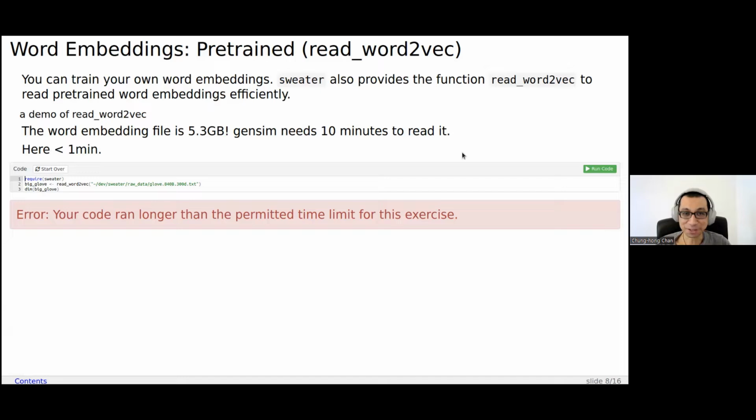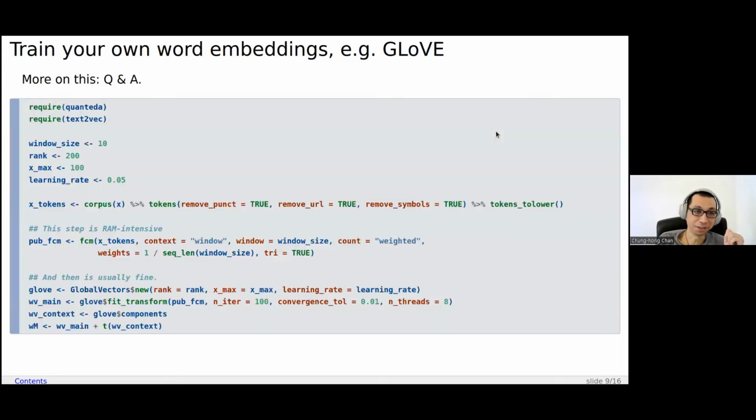In theory it can be done in 1 minute because I use some very efficient C++ code here to read those word embeddings. I don't know why it doesn't work, but let's move on. If there is a question related to this, I'm very happy to demo how it works.